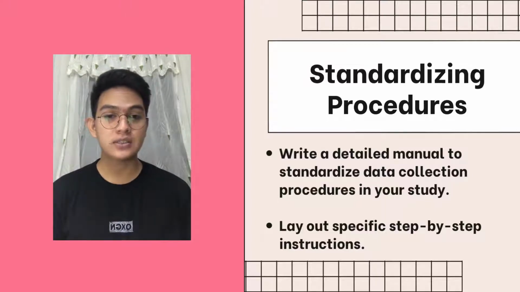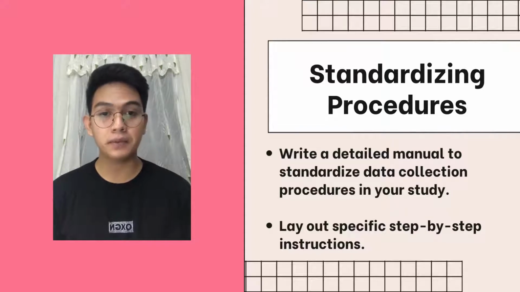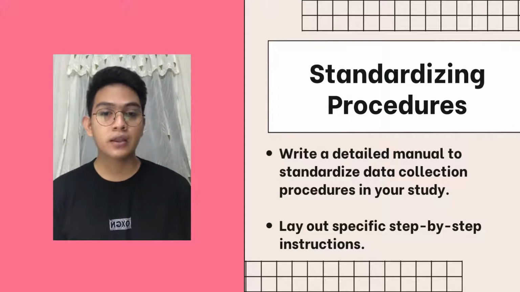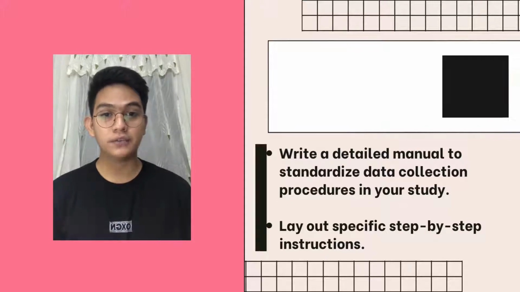An example of this is conducting an experiment under the same conditions and using objective criteria to record and categorize your observations. This helps ensure that your data is reliable and you can also use it to replicate the study in the future.